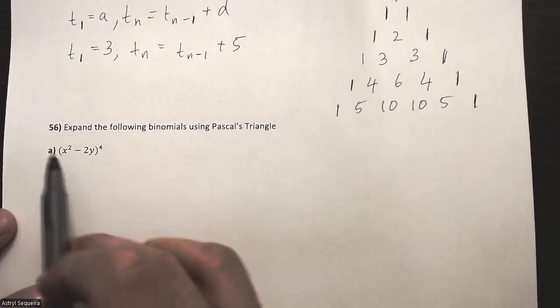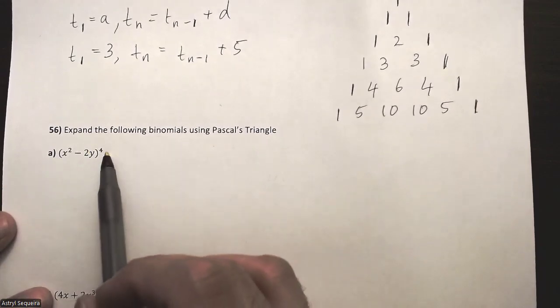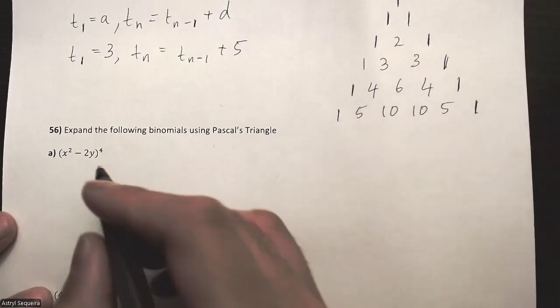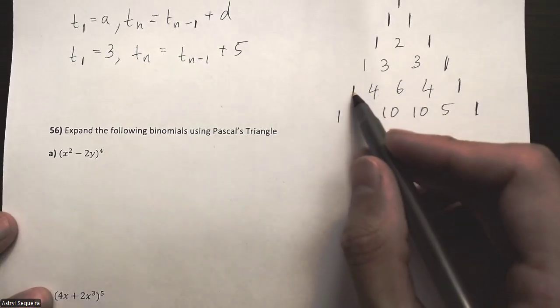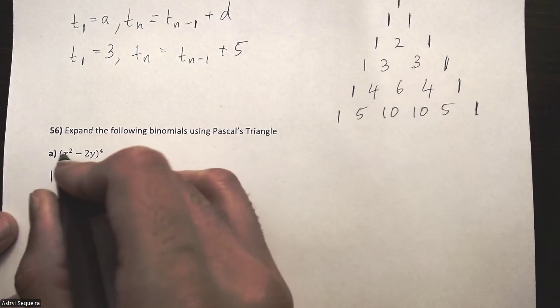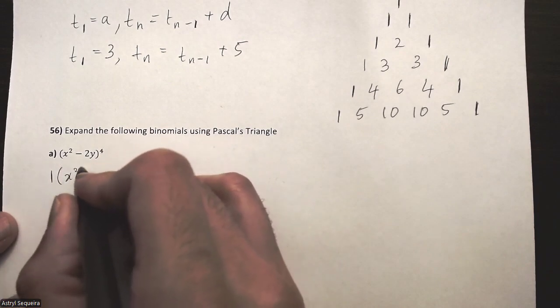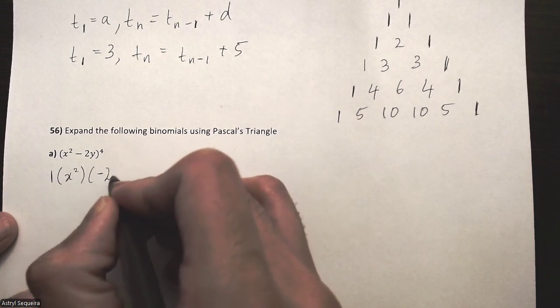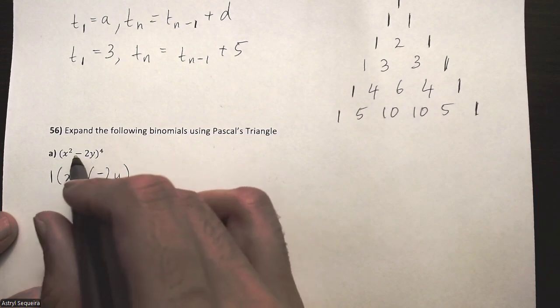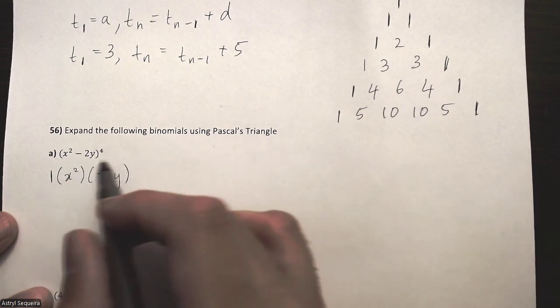Okay, so let's take a look at part A. For part A, my exponent is 4, so I'm using my fourth row of Pascal's triangle. I want to start by writing the first term. Then you want to write the first term inside a bracket, and then write the second term inside another bracket. Make sure you include the negative. I'm going to put the exponents later.